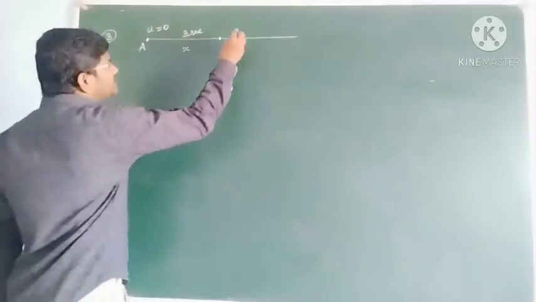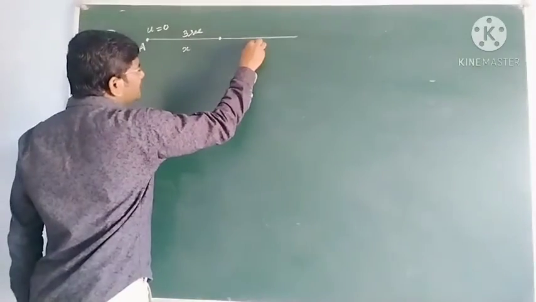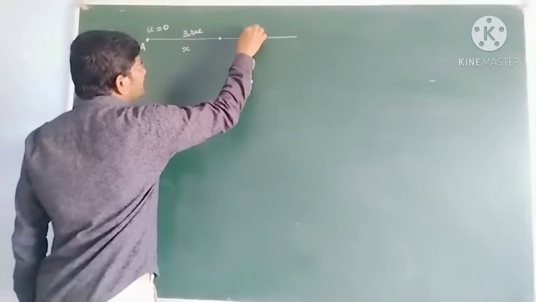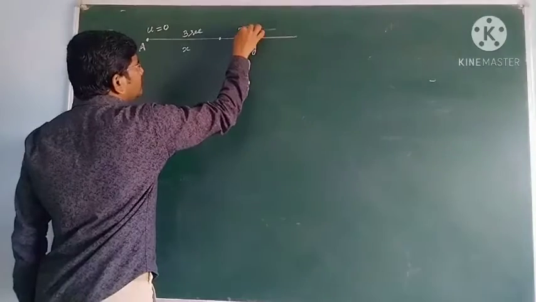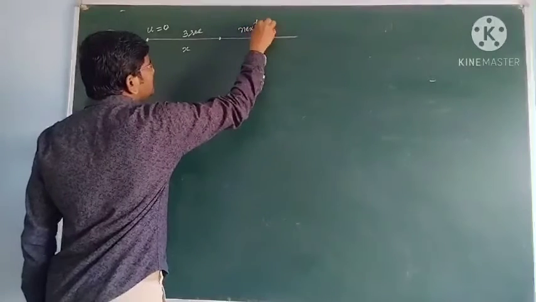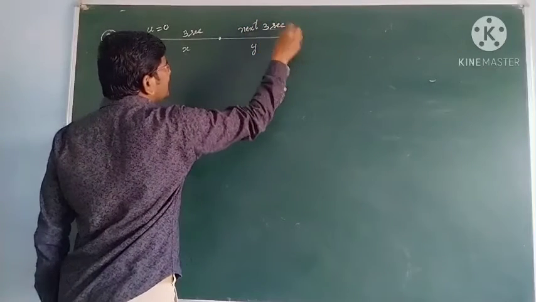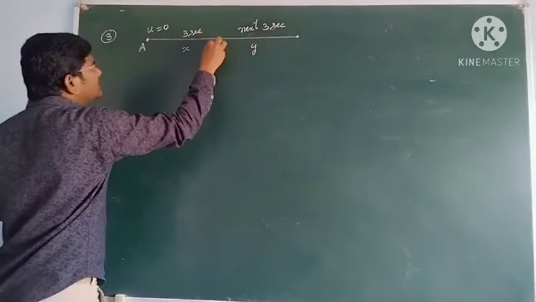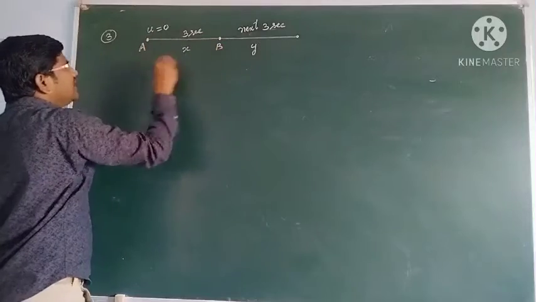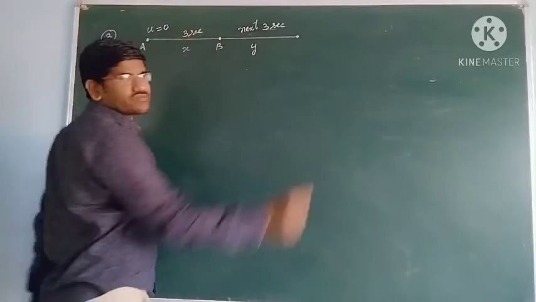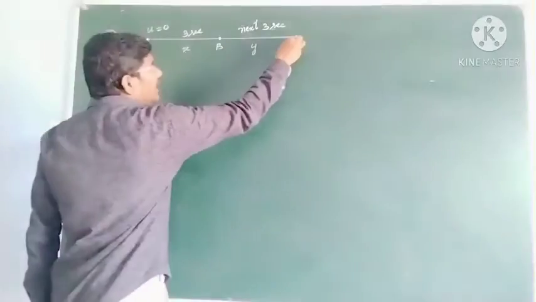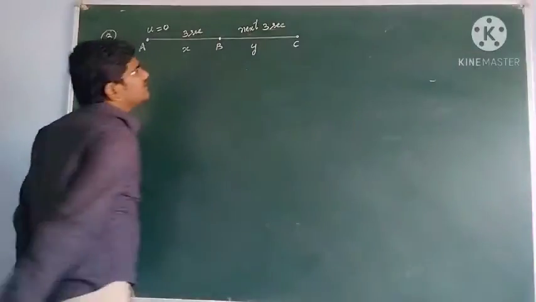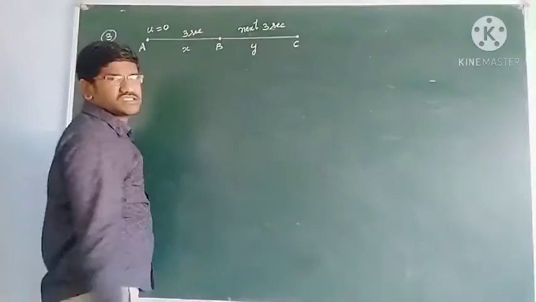In the next 3 seconds, it covers some distance y. So from A to B, distance x in 3 seconds, and B to C, distance y in the next 3 seconds.